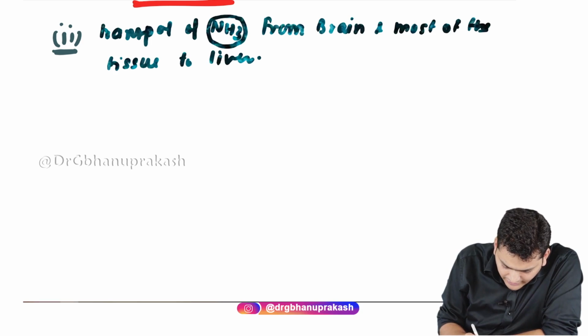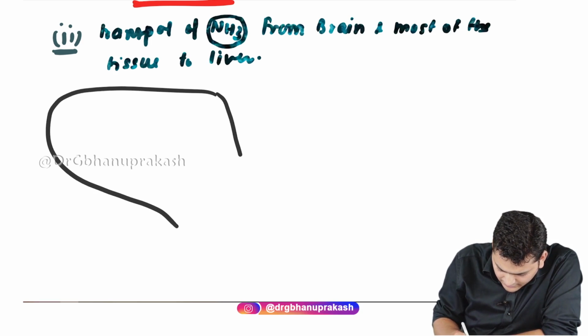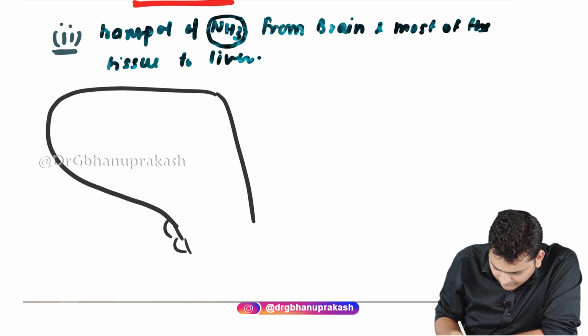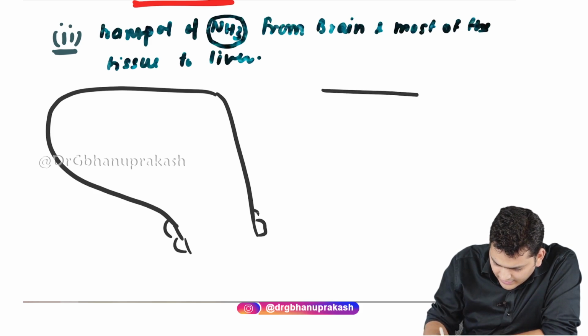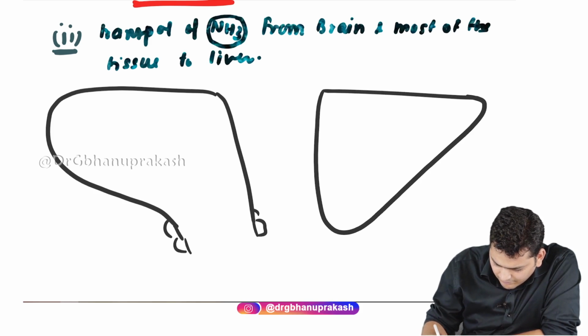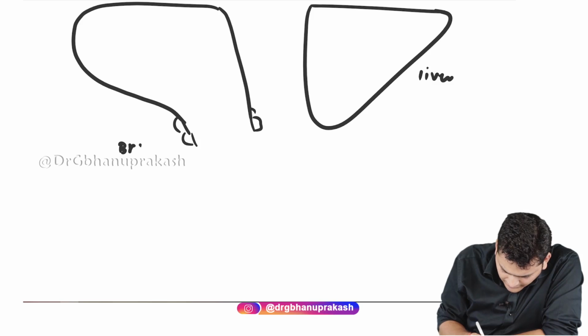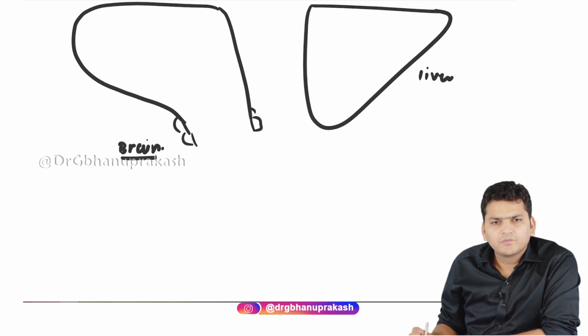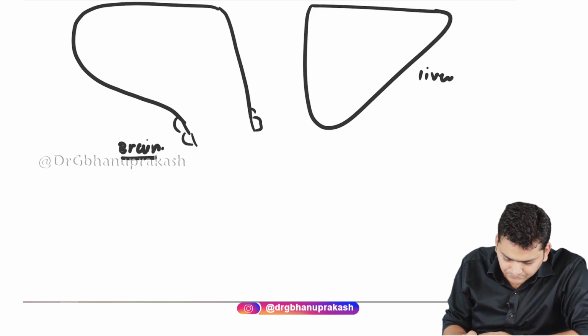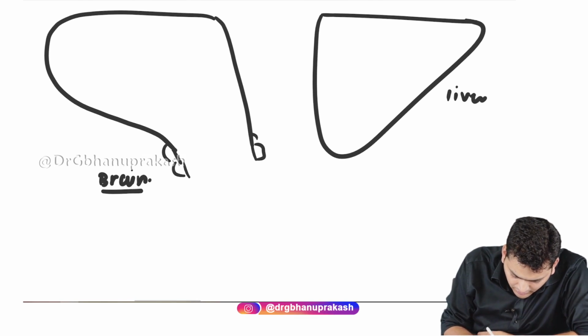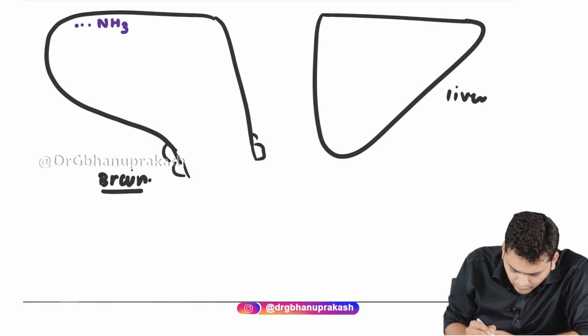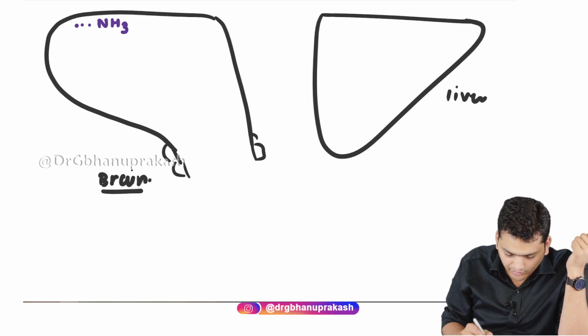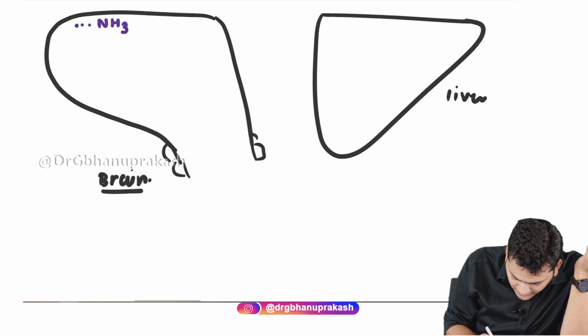To understand it again, I am giving just a simple diagrammatic representation. Let's say this is the representation of the brain and here is the liver. If these are the ammonia molecules in the brain and we want to transport them, we know that we have an amino acid with the name of glutamate.